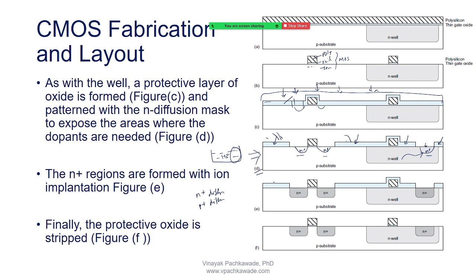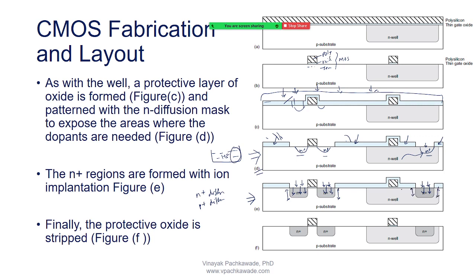Okay, now we are at figure E. What I see is that I use the ion implantation or diffusion process to bombard the atoms, the dopant atoms, to go deep inside the wafer in the areas I have decided to go. So they go deeper, and to a certain thickness I am allowing this fabrication process to happen.